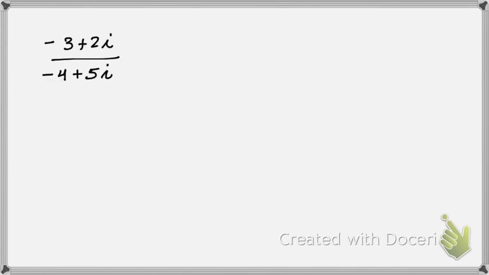Okay. And then lastly, we have division of imaginary numbers. And in division of imaginary numbers, we're approaching it the same way we would approach a radical in the denominator. So hopefully you have some understanding or some experience with rationalizing the denominator.